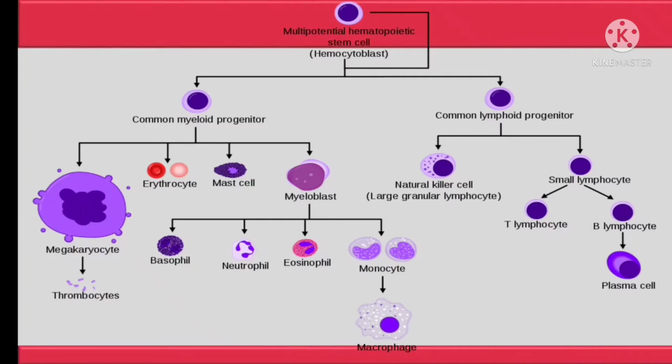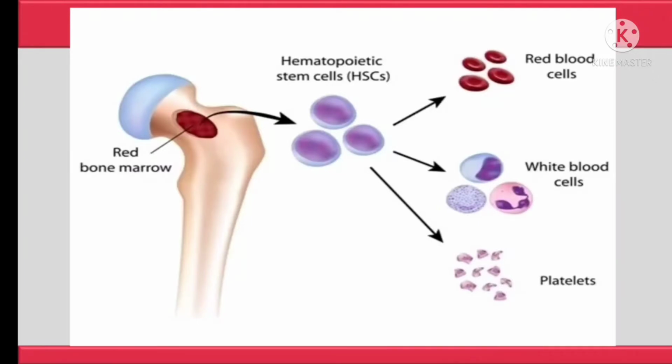Another type of cell produced from the lymphoid progenitors is natural killer cells. Hematopoietic stem cells are present in the red bone marrow, and they further form the red blood cells, white blood cells, and platelets, as you can see in the picture previously.